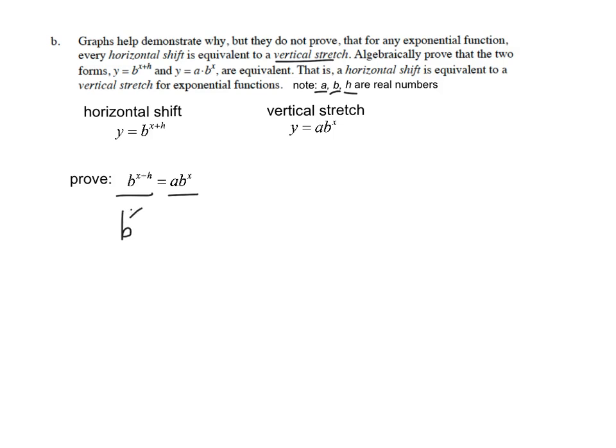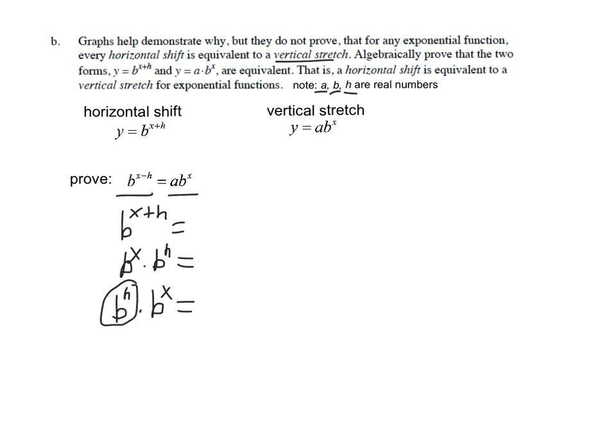So b to the x plus a horizontal shift of h units, that's the same as b to the x times b to the h. So I'm going to rewrite that as b to the h times b to the x. Now b is a real number raised to a real number.